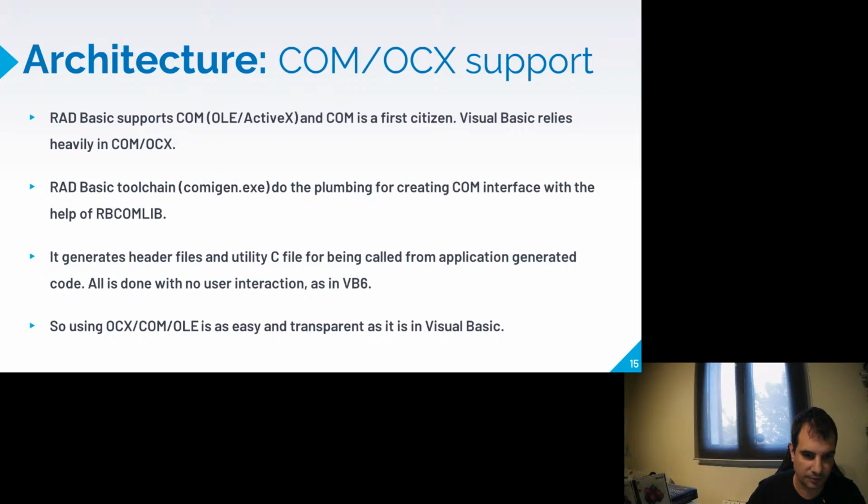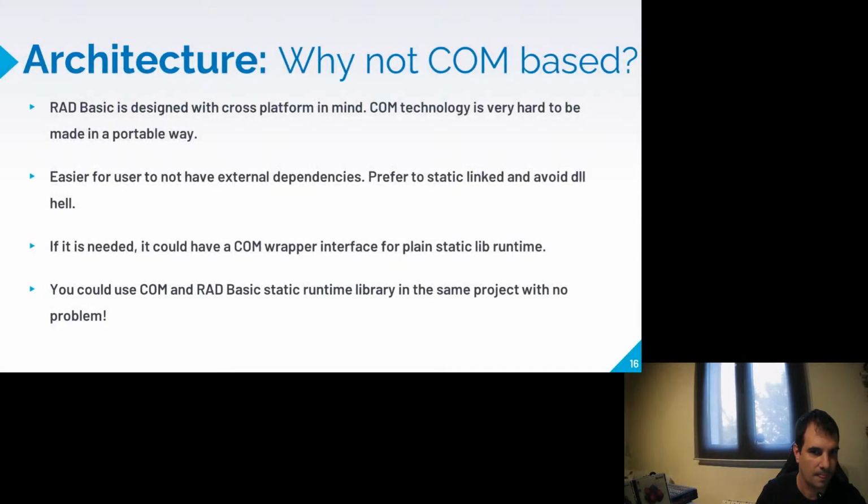It generates header files and utility files for being called from the application. And an important thing, all is done with no user interaction. In fact, it is transparent, it is magic, as it was in Visual Basic 6. So using ActiveX, COM, OLE is as easy and transparent as it is in Visual Basic.